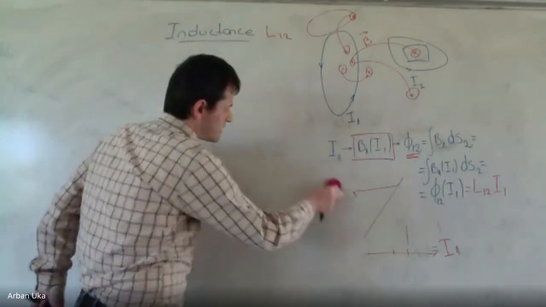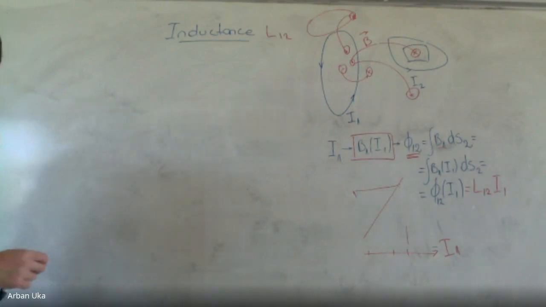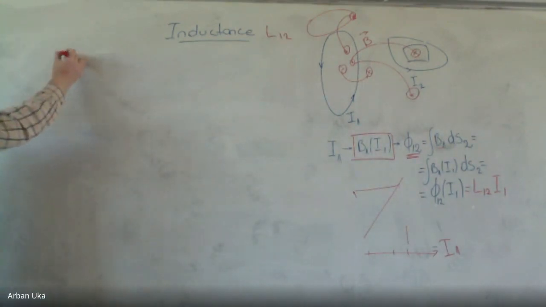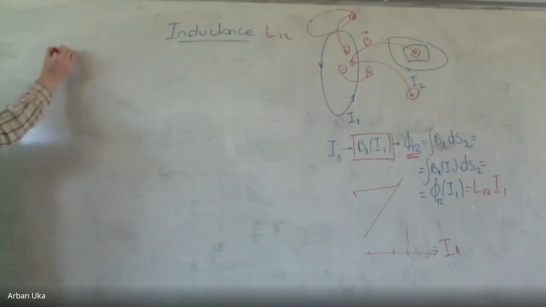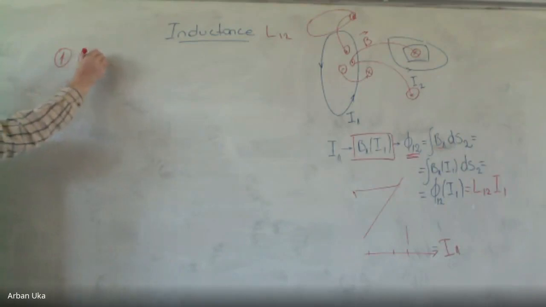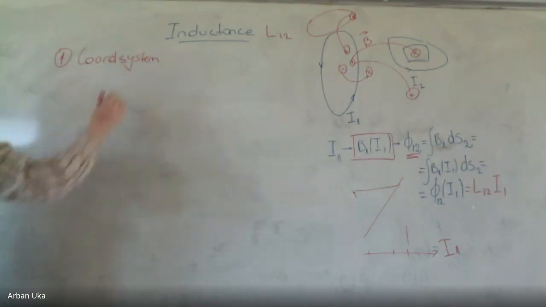In order to answer this, we follow a few steps, and these steps start like this. The first step, we have to determine a coordinate system. So we need to find a coordinate system, because we will need to integrate to find the flux.